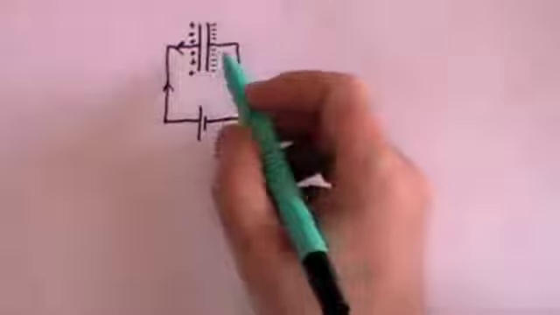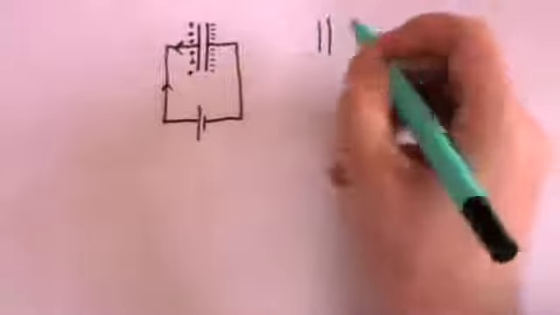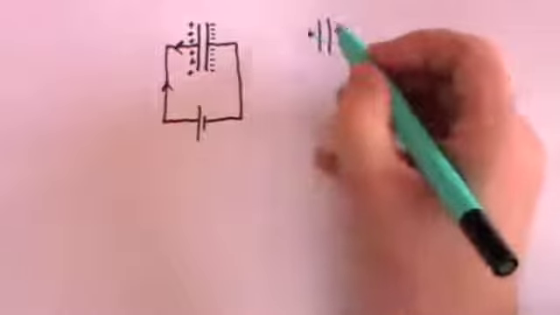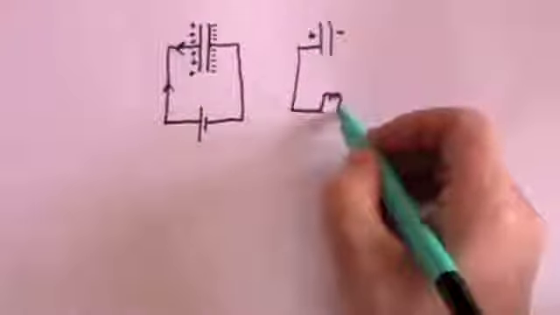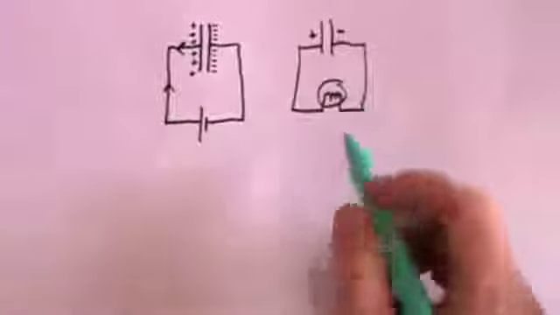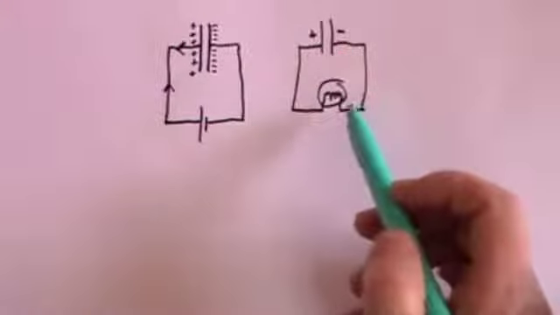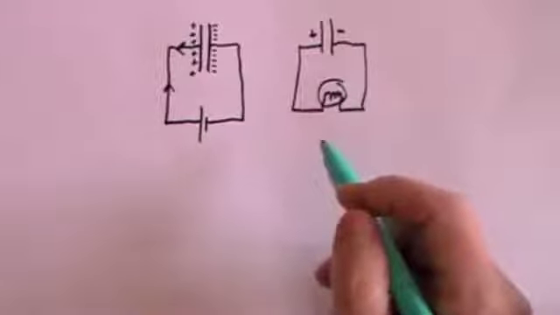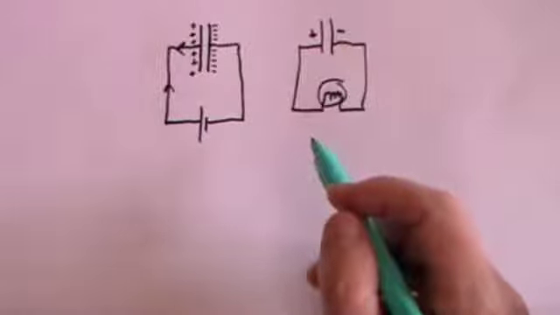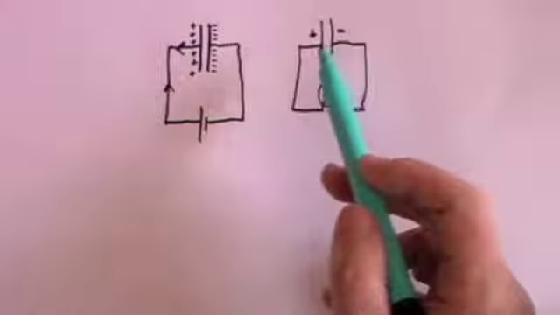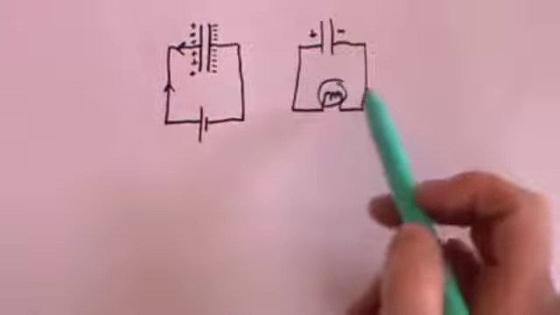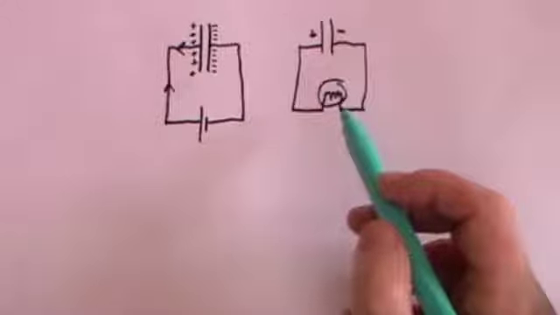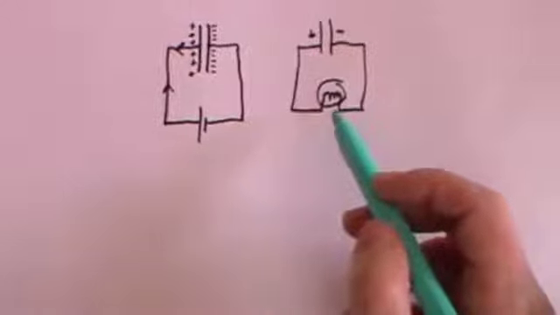You could, if you wanted to, disconnect this capacitor, which is now fully charged, so it's negative on one side, positive on the other, and if you were to connect that to, say, a flash bulb, then the capacitor will discharge through the flash bulb and it will flash. That's the principle on which many flashlights in cameras work. You initially charge a capacitor with the battery in the camera, and then when you flash the flashlight, the capacitor suddenly discharges through the bulb, producing a very high intensity but short-lived light.